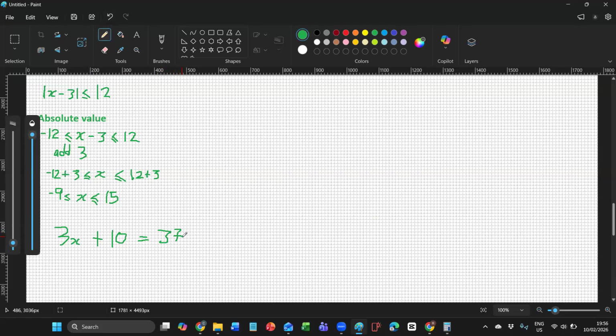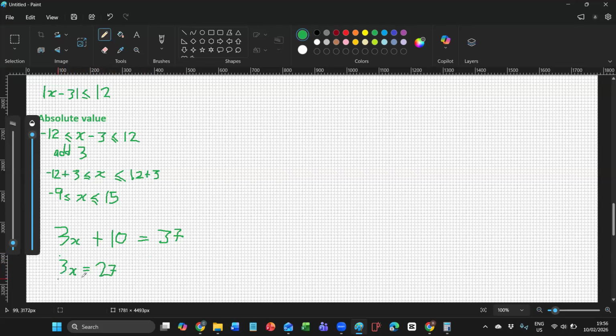Did you just bring the 10 over to the 37? Okay. So if I do that, I'll be left with 3x equals 27. And then what will I now do next? You divide both sides by 3.